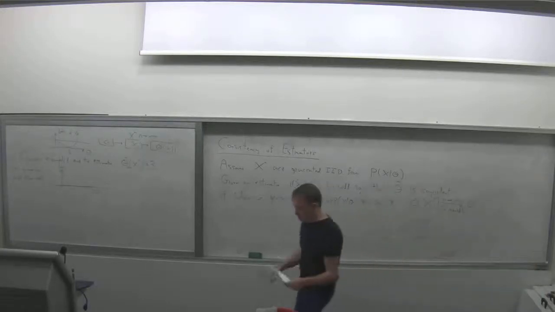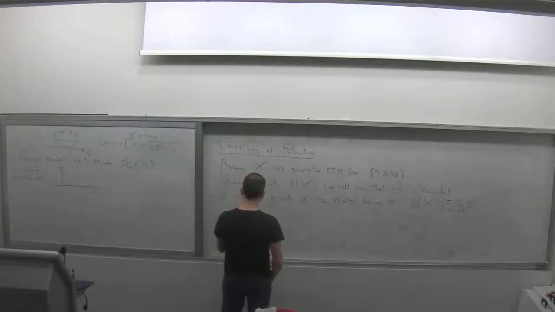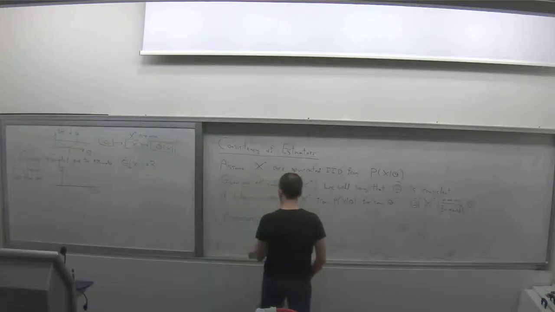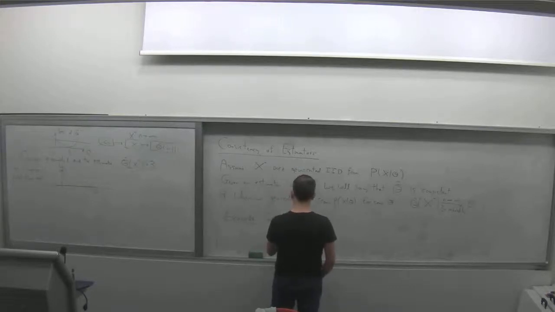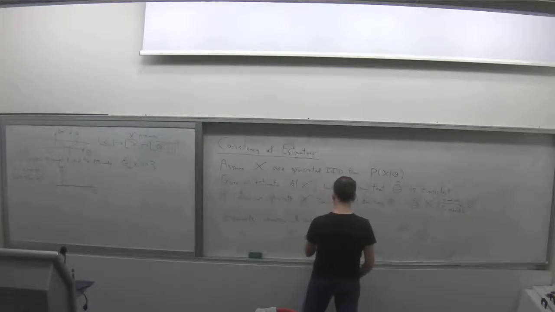So let's see that this is not such a ridiculous thing to want. Let's take the example we had before of a Gaussian with unknown mean.